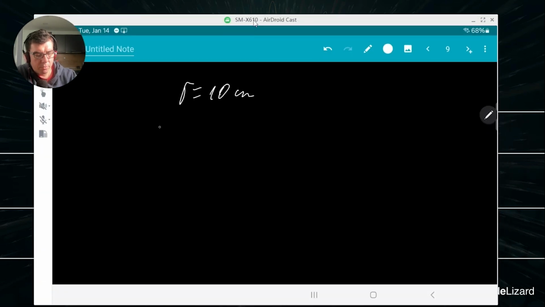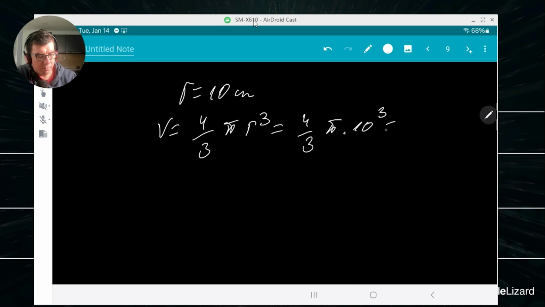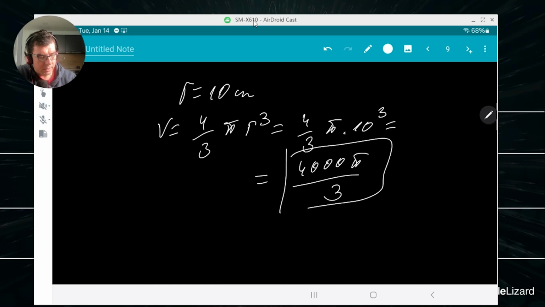Therefore, the volume of the sphere, we calculate it with the formula 4 over 3 pi r cubed, which is 4 over 3 pi times 10 to the power of 3, which is 1000 times 4, 4000 pi over 3 centimeters cubed.